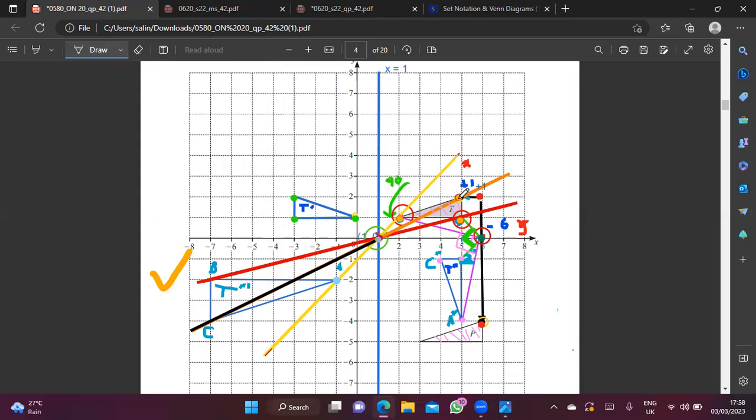So this is going how many units to the left? 1, 2, 3, 4. Difficult to do on screen. 1, 2, 3, 4, so it's to the left. So how many going down? From here, 1, 2. There you go.